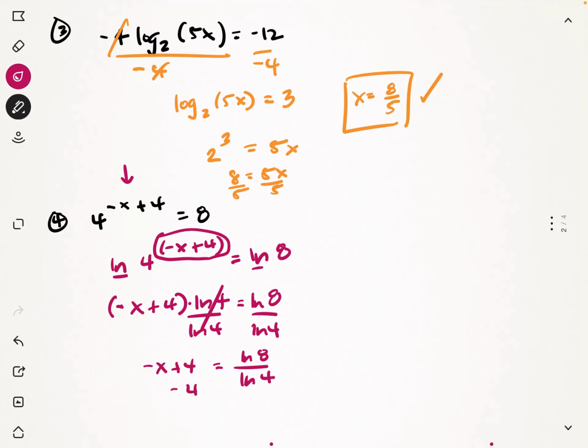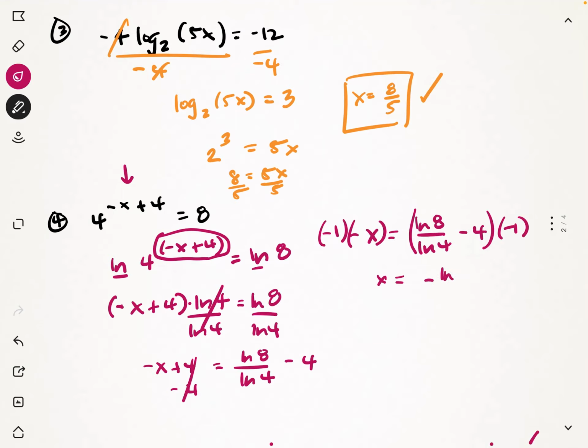Okay, we're going to subtract 4. So what we have at this point is negative x equals ln 8 over ln 4 minus 4. And then to get rid of this negative, we're going to multiply by negative 1 on both sides. And really, if you can remember, we don't have to do the whole multiplication. You can just remember all the signs change.